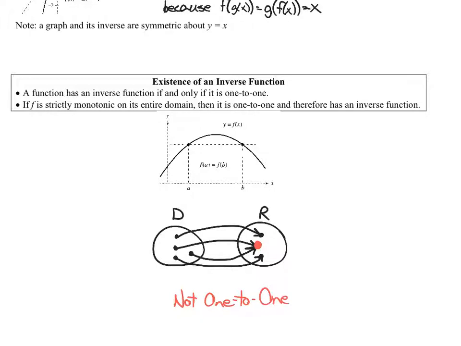This is a function. A function has each x mapped to one y. That's what the function was. A 1-to-1 function will have every y coming from only one x.